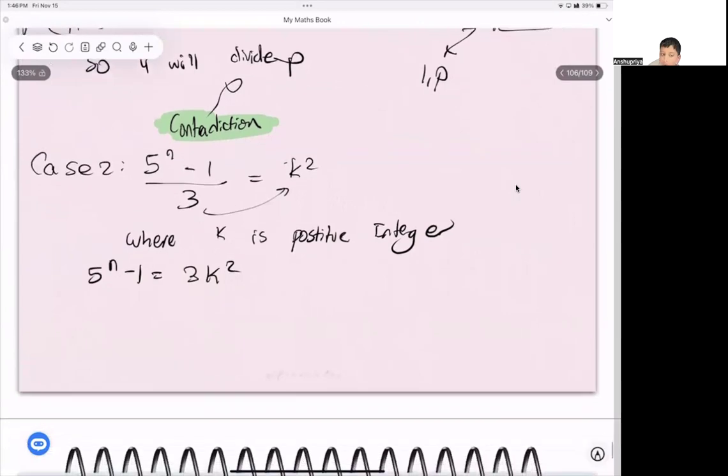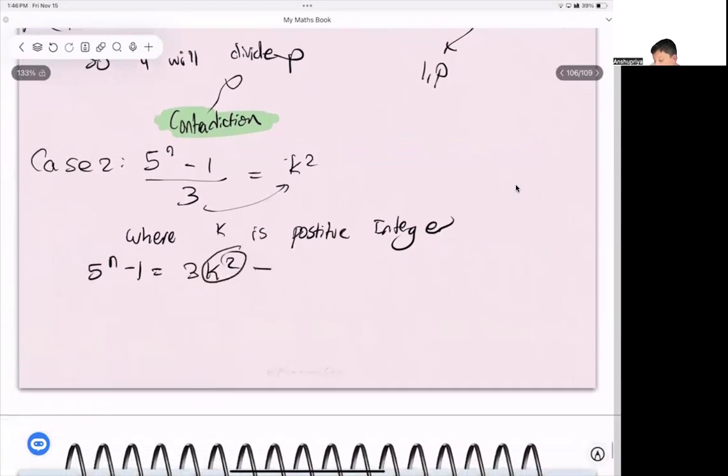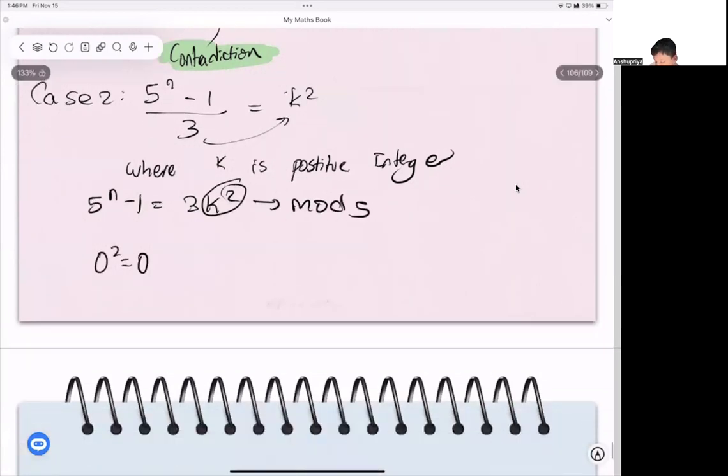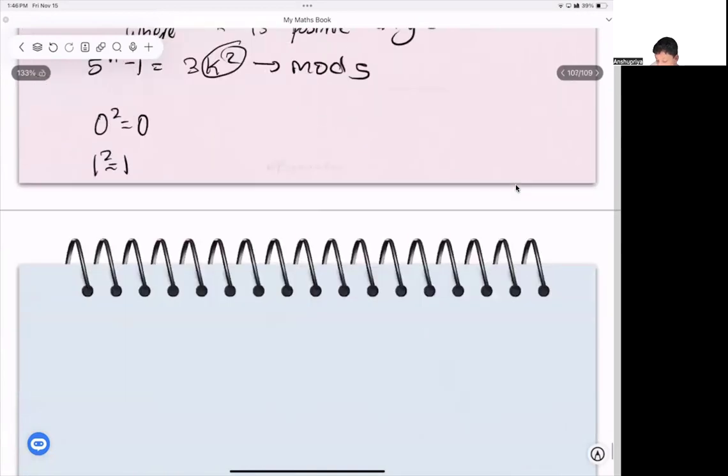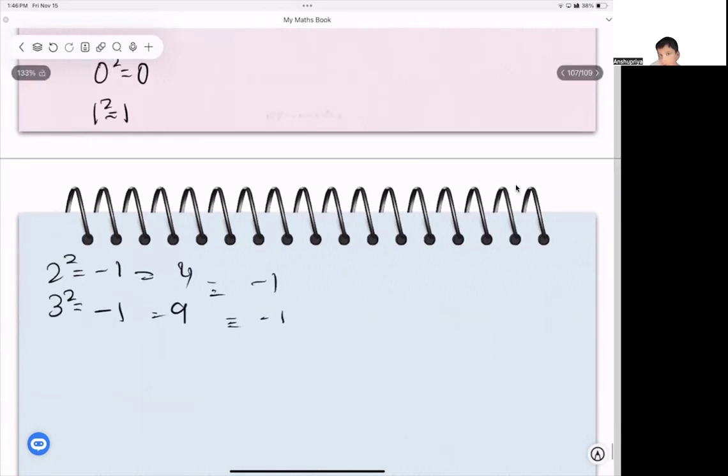Okay, so what is k squared mod 5? 0 squared is equal to 0. 1 squared is equal to 1. 2 squared is equal to 4, which is minus 1. 3 squared is 9, which is minus 1. 4 squared is 16, which is 1.